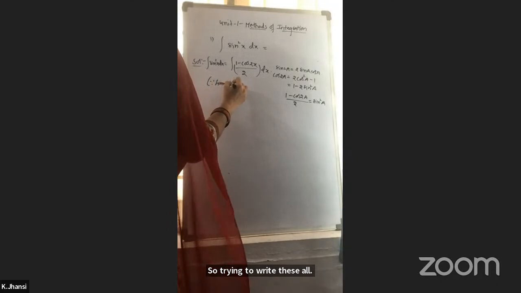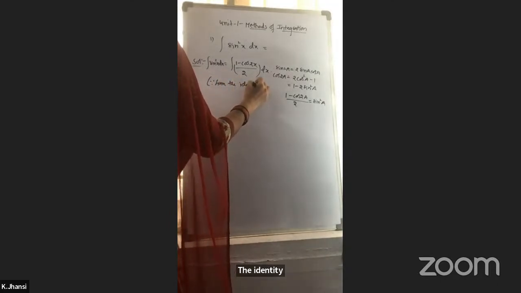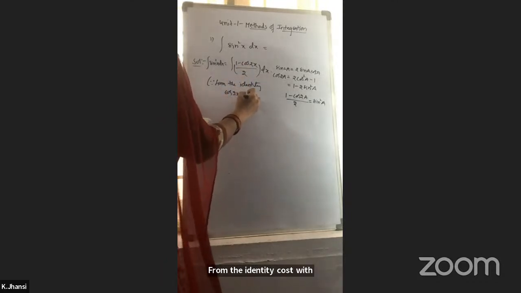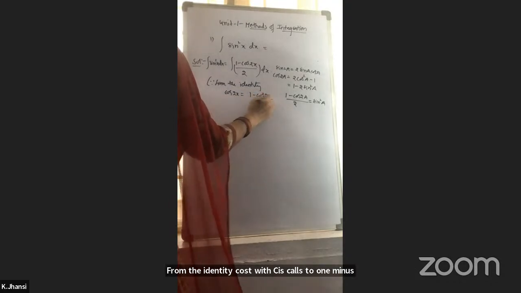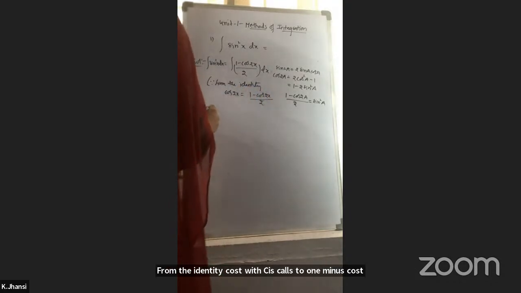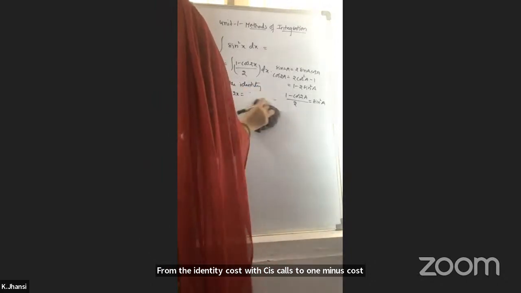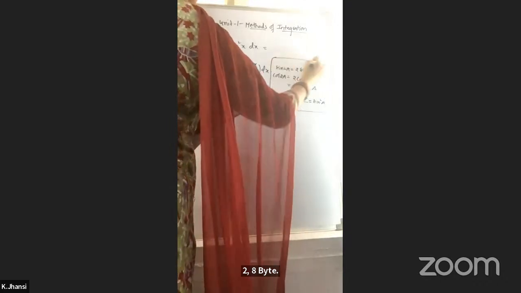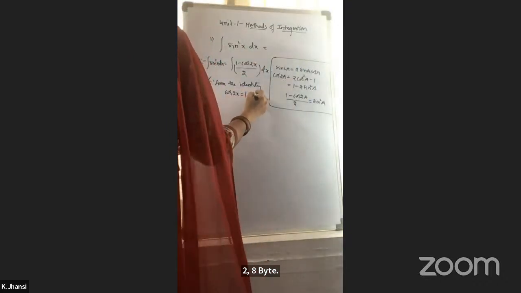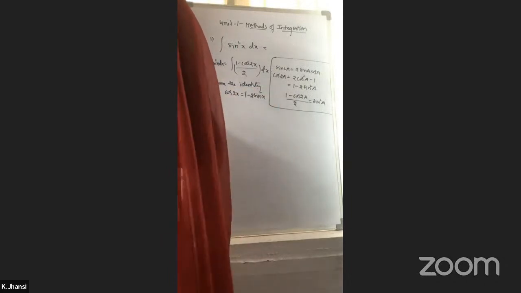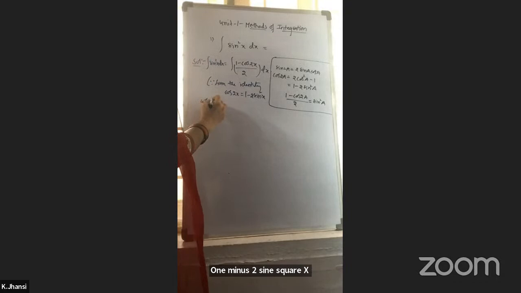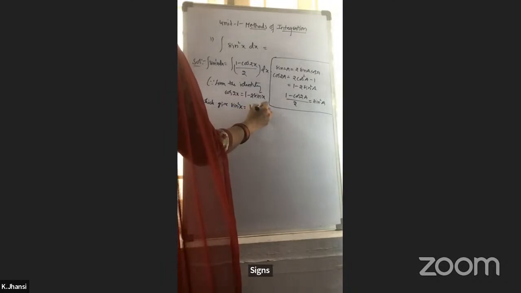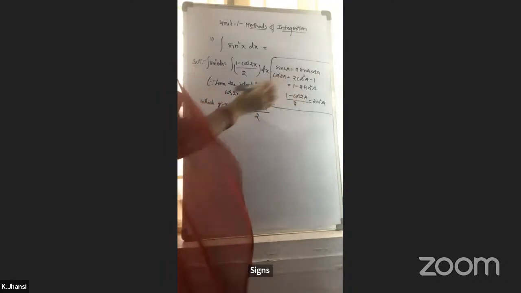From the identity, cos 2x is equal to 1 minus 2 sin square x, which gives sin square x is equal to 1 minus cos 2x by 2. This you write as the side part.